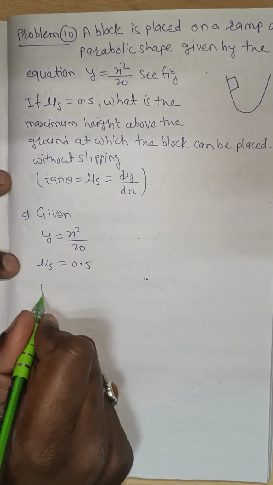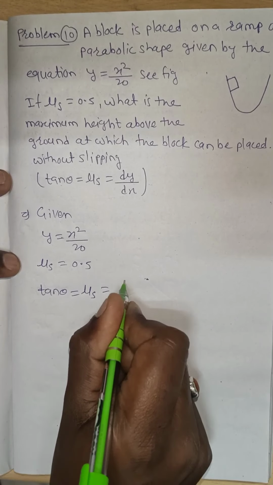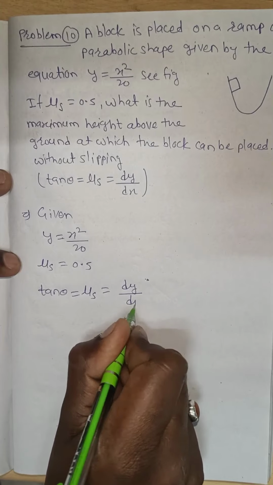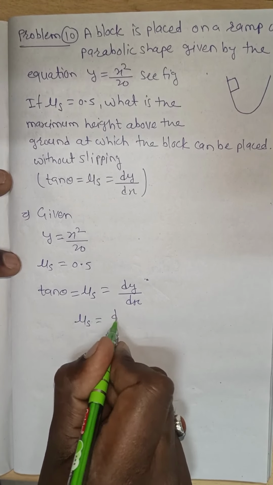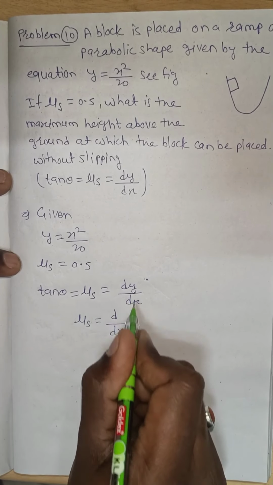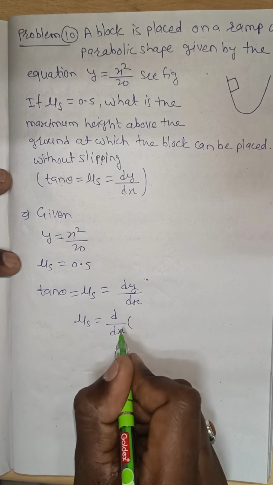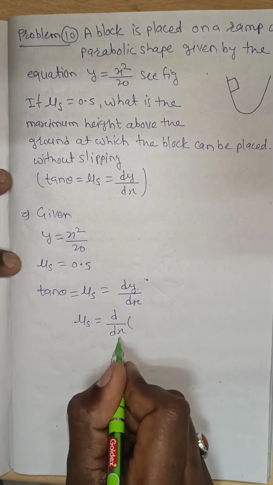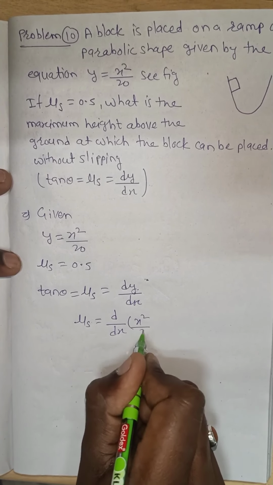Also they are given that tan theta, which is equal to mu s, which is equal to dy by dx. From that we can say that mu s is equal to dy by dx, that is d by dx of y, and you know that y is equal to x square by 20. Therefore mu s is equal to d by dx of x square by 20.